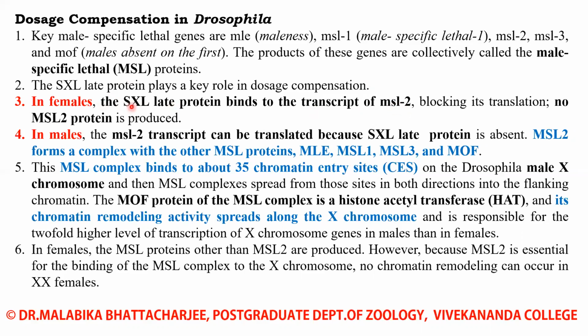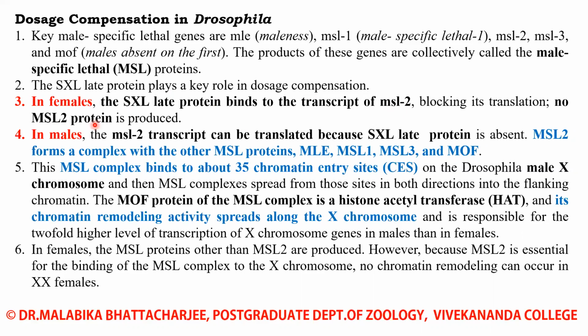But in males, since there is no SXL protein, the MSL2 RNA is generated, and this RNA is translated to produce the MSL2 protein product. So in case of females, there is no MSL2 protein. In case of males, there is MSL2 protein.